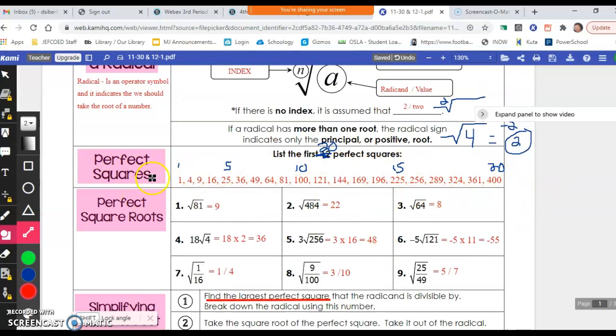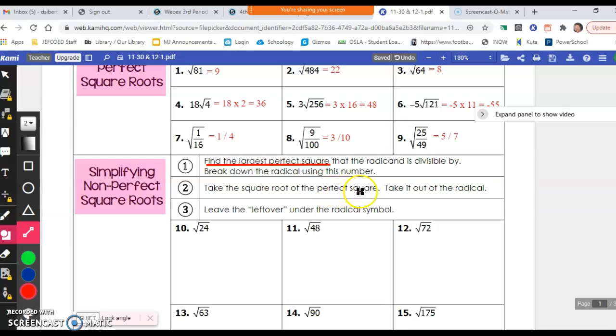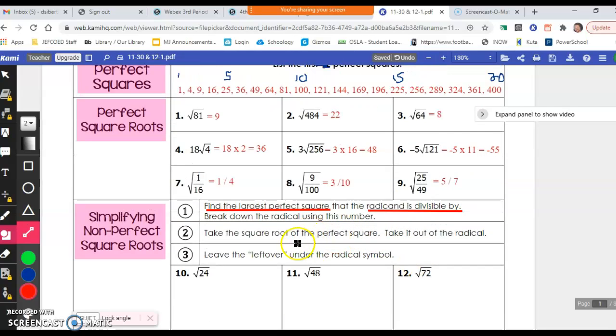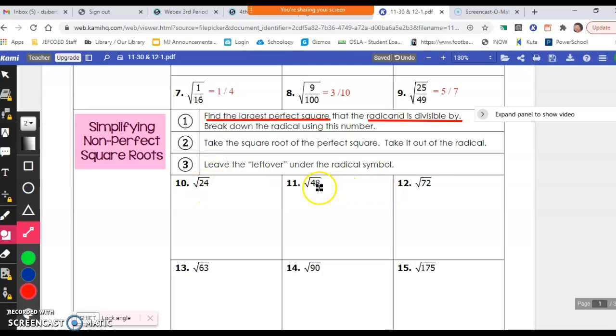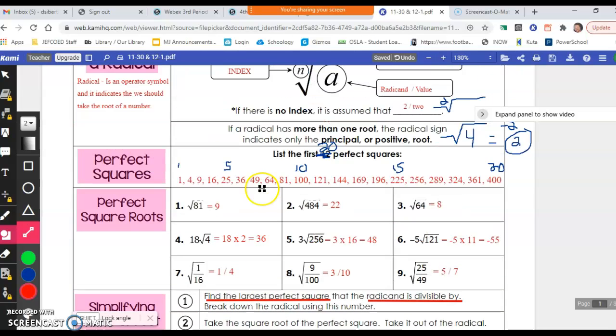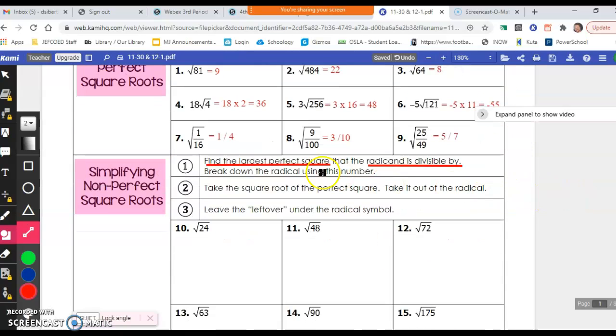You have to use one of these perfect squares from this list, that the radicand is divisible by. So whatever number is inside the radicand, it must be divisible by one of these.